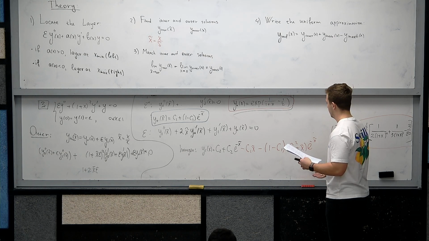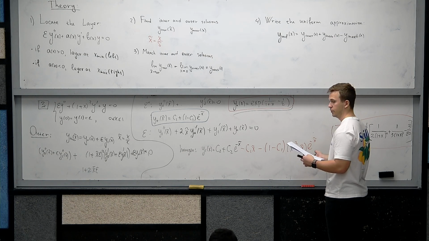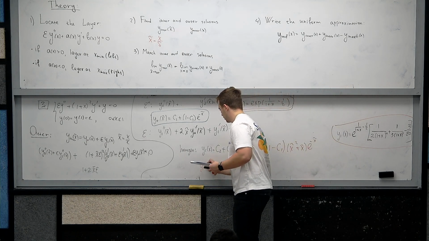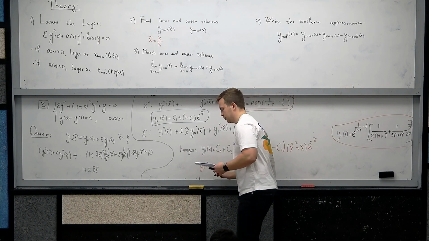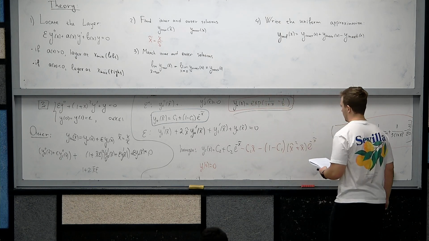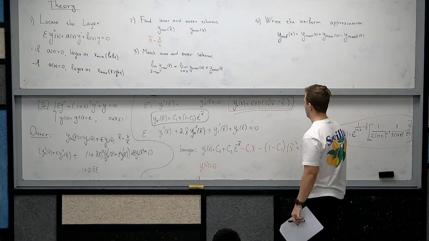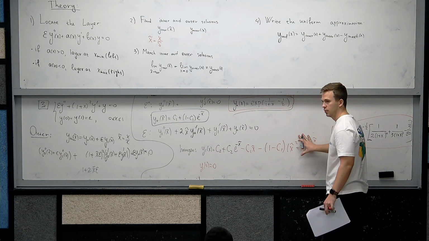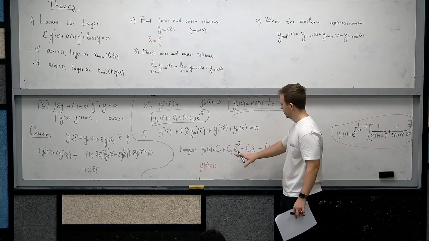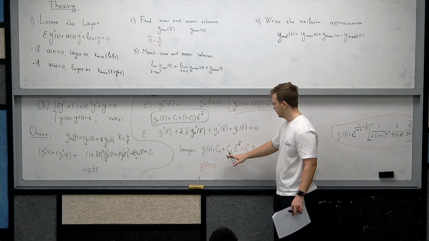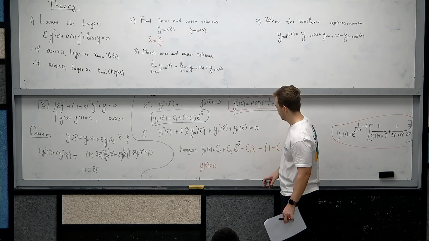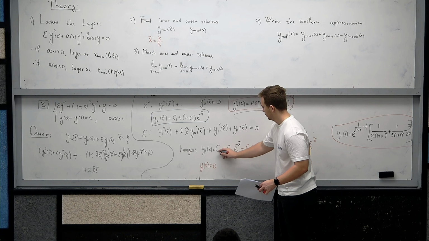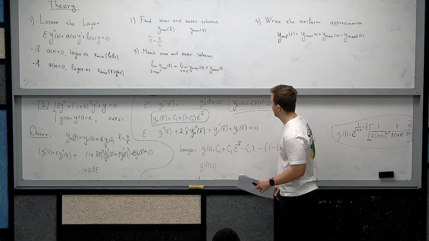And then we need to apply the boundary condition, which is y1 of 0 should be 0. Okay. So this is 0, this is 0, and we end up with C2 plus, yeah, it should be C1.